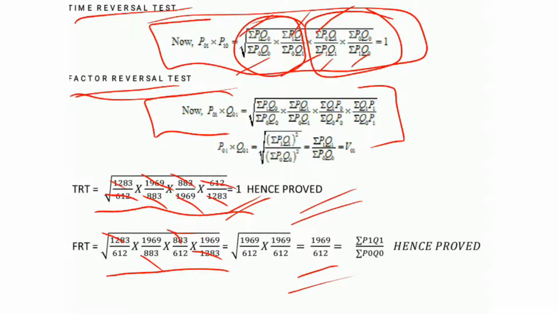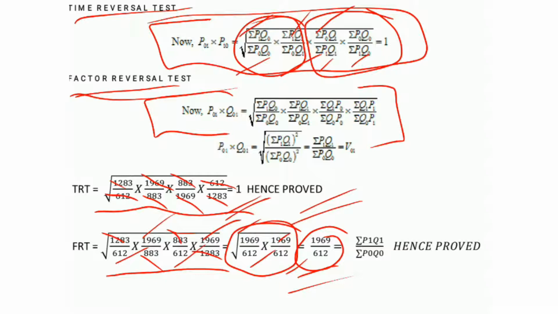But here 1969 and 1969 are multiplied, divided by 612 and 612 multiplied, and take the square root of that. If you multiply these two values and take the square root, you will get 1969 divided by 612.